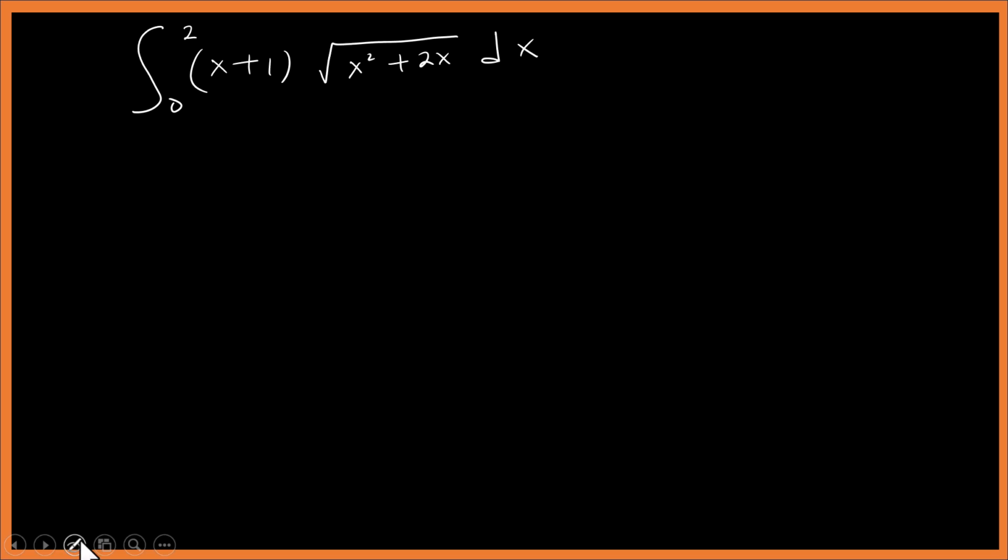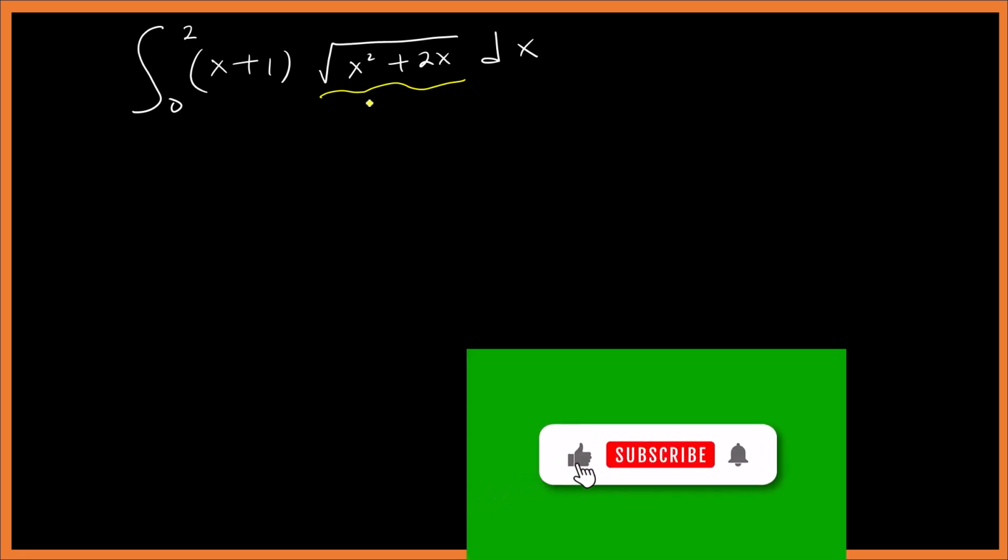Now, the x squared plus 2x under the root sign is making this complicated here. So since this one is integration by substitution, what we are going to do here is to represent what is here by a variable.